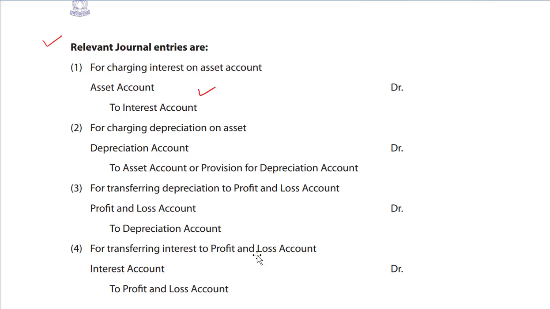Second, for charging depreciation on asset, depreciation account debit to asset account or provision for depreciation account. Third, for transferring depreciation to profit and loss account, profit and loss account debit to depreciation account.